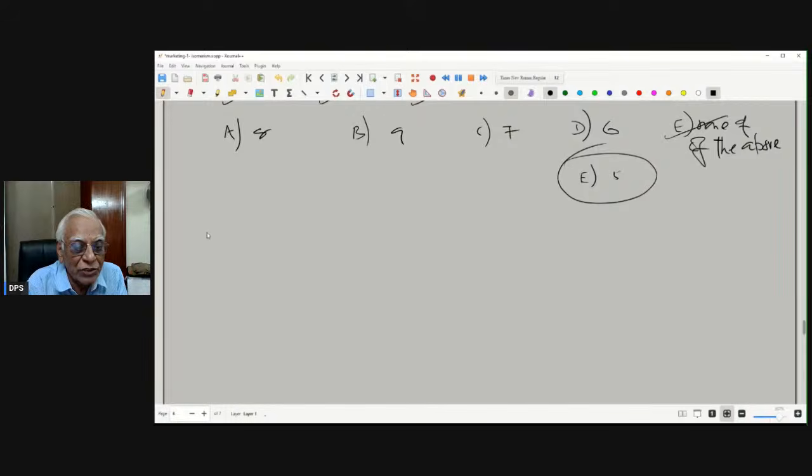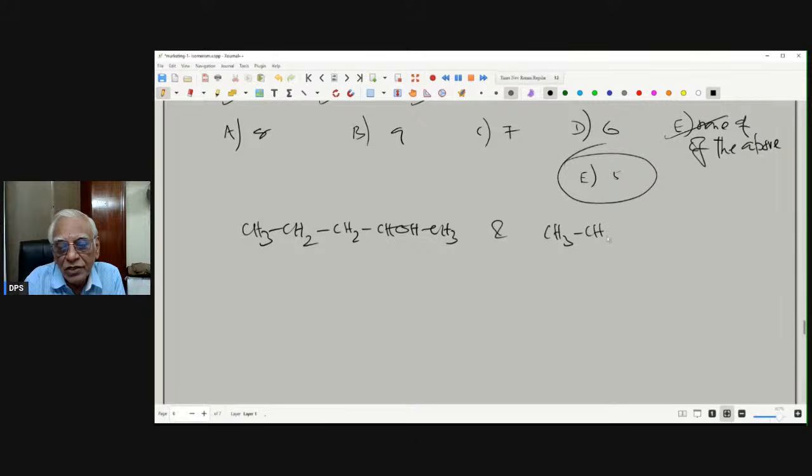What type of isomerism is exhibited by CH3CH2CHOH and CH3CH2CH2CHOH?